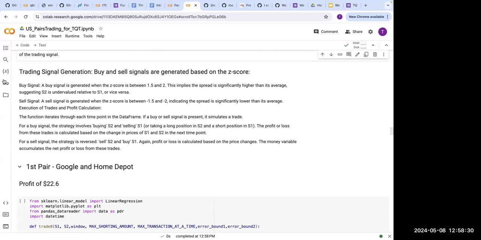Your signal is not just whenever you see a cross in the expected spread, you will just buy, right? You want to have some threshold on how strong a signal it gave. So Z-score is useful here to find out if there is a very strong signal, right?